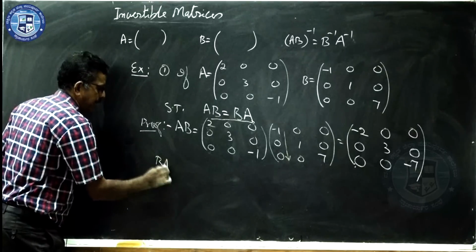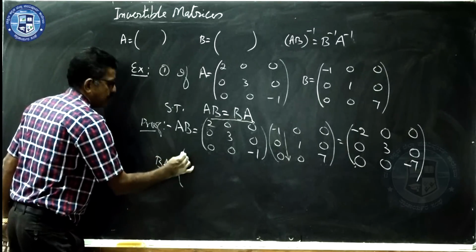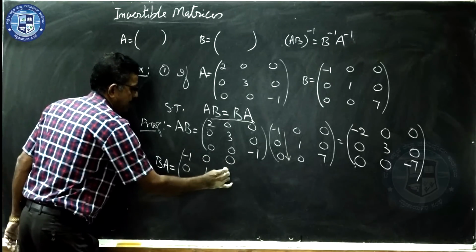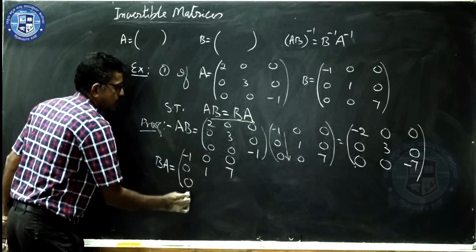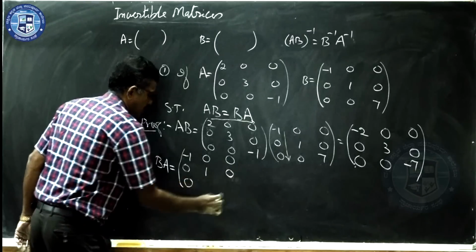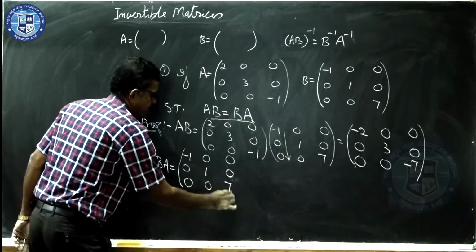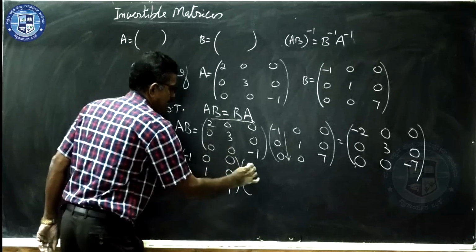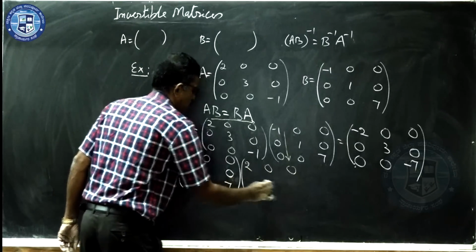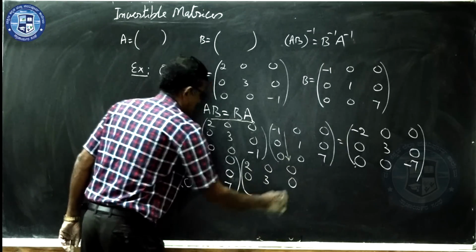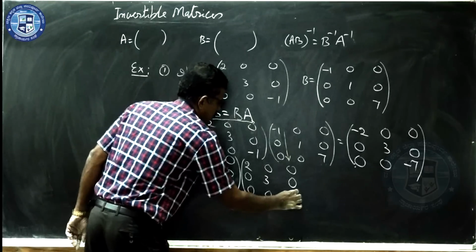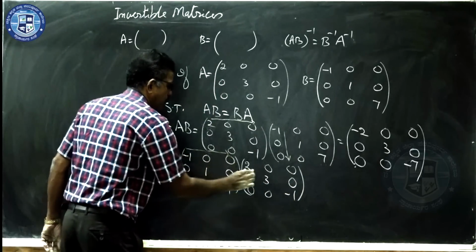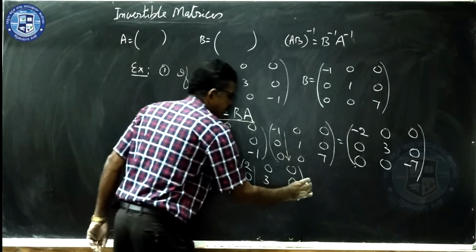And what do you expect for BA? First let me write B: minus 1, 0, 0, 0, 1, 0, 0, 0, 7, into A: 2, 0, 0, 0, 3, 0, 0, 0, minus 1. As usual, multiply rows of the first matrix with the columns of the second matrix.